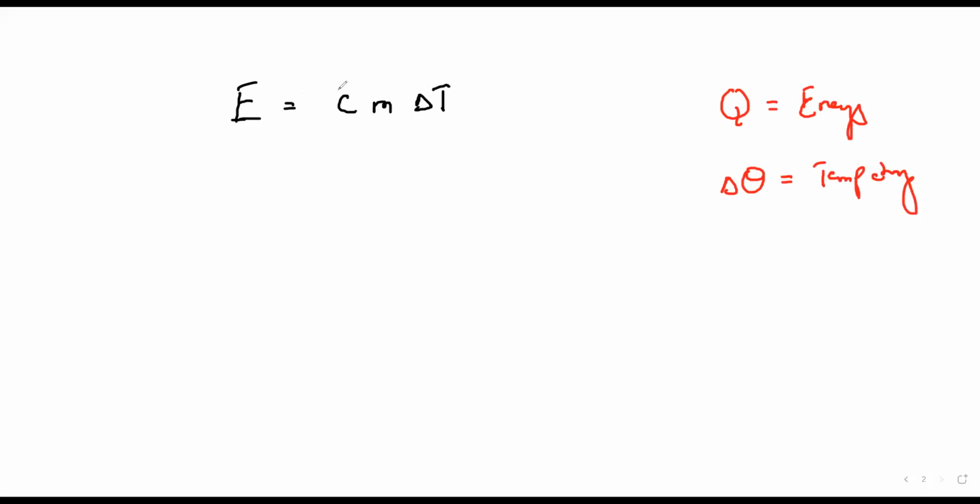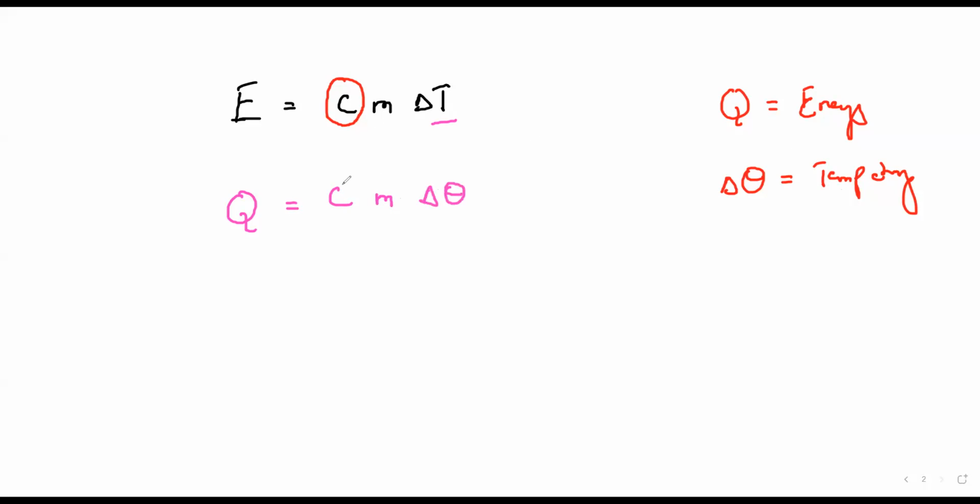So we need an expression with C as the subject. What is the energy supplied here? The energy supplied is Q. Specific heat capacity, we don't know. M is the mass. And what is the temperature change? Instead of delta T, they mentioned the temperature change is delta theta. So we write delta theta.